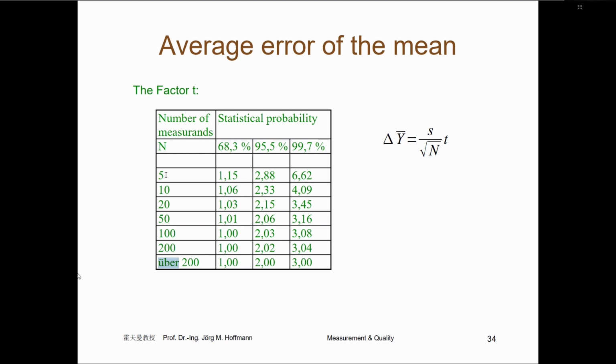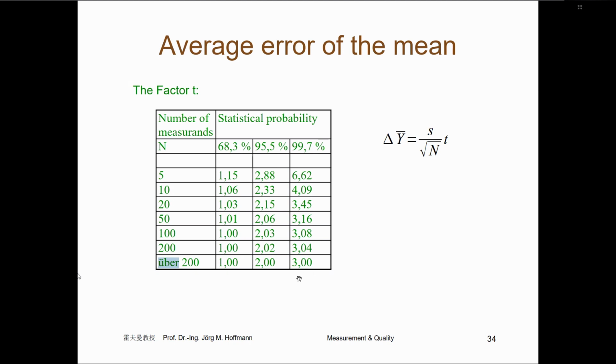And you see, when you have only 5 measurements, you calculate not with 1s, you calculate with 1.15s. And when you want to have a probability of 95%, you calculate not with 2, you have to calculate with 2.88. And this .88, this is an add-on for the uncertainty of the standard deviation caused by this low number of measurements.